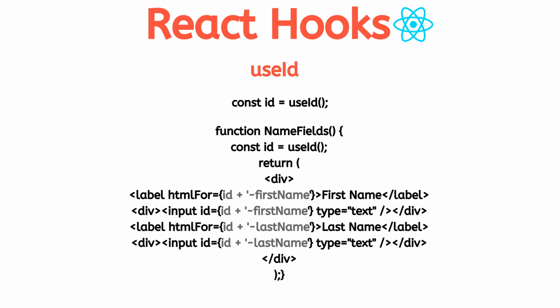If you want to set a unique ID to identify the specific first name or last name text box, you can use this useId and append it, like htmlFor id plus some string. This ID will generate a unique value every time you call it, and it will be set for this particular label and input ID, so that every HTML element on the page has its own unique ID to identify it.